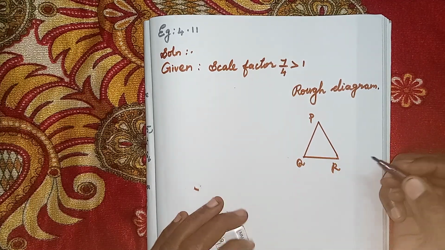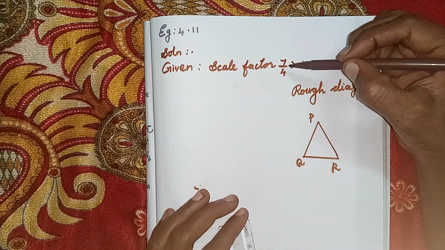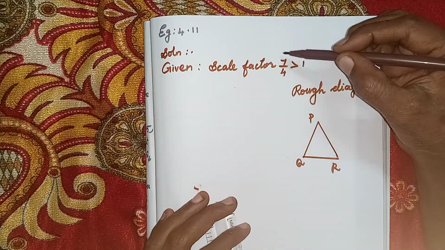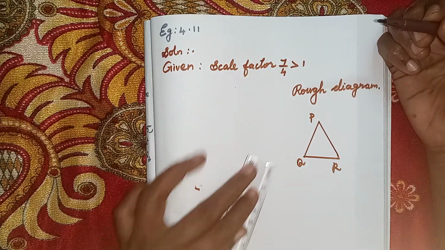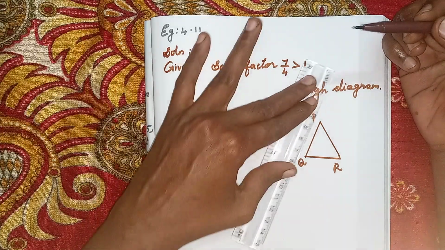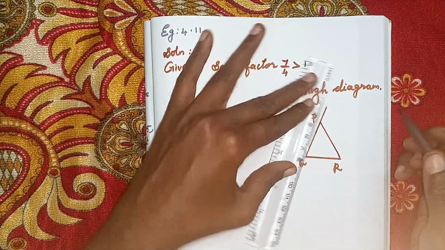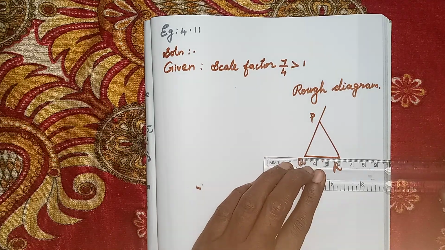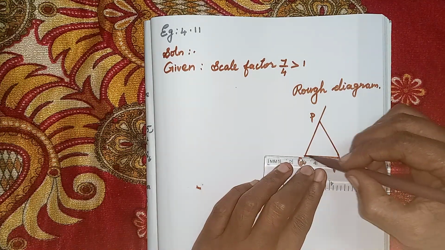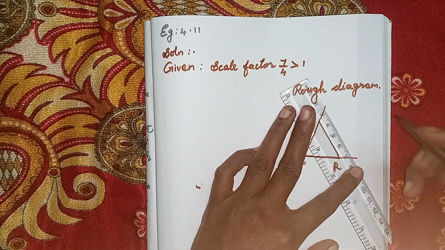Listen students, the scale factor is 7 by 4. Here the numerator is greater. If the numerator is greater, the similar triangle will become outside of this triangle.